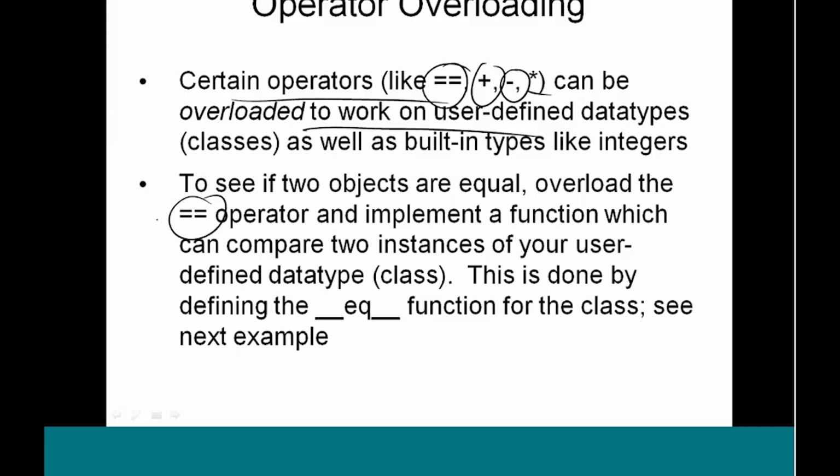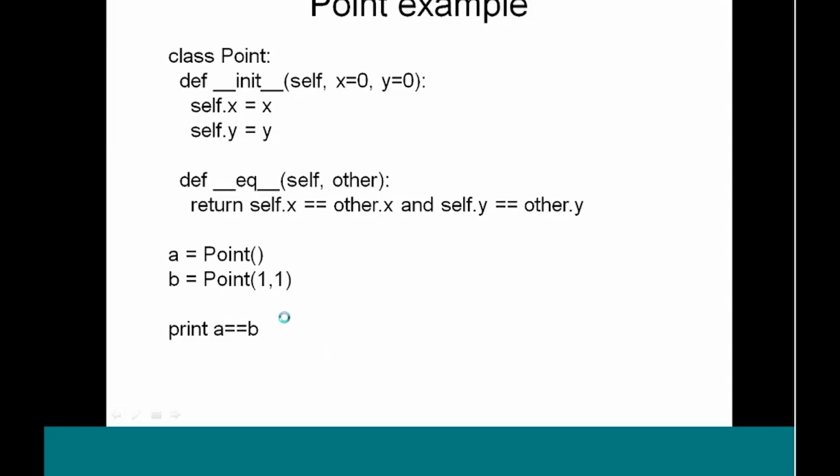But if you have a user defined data type and you want to compare two of them to see whether they match, we can overload the equal to operator and implement a function which can compare the two instances of the user defined data type. This is done by defining the __eq__ function for that class, and let's see the example.